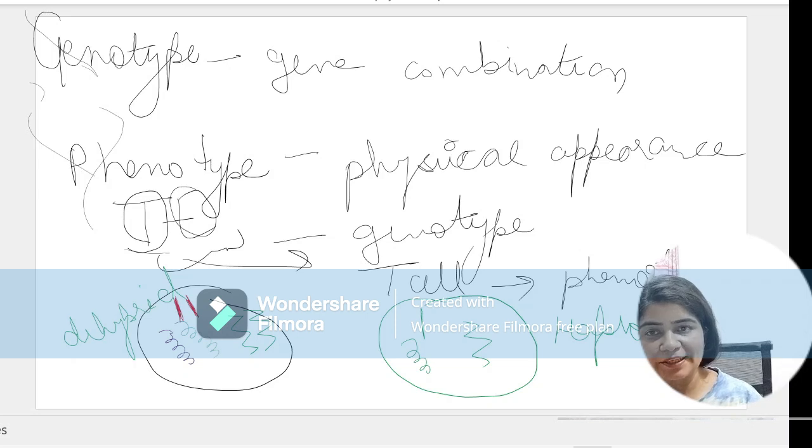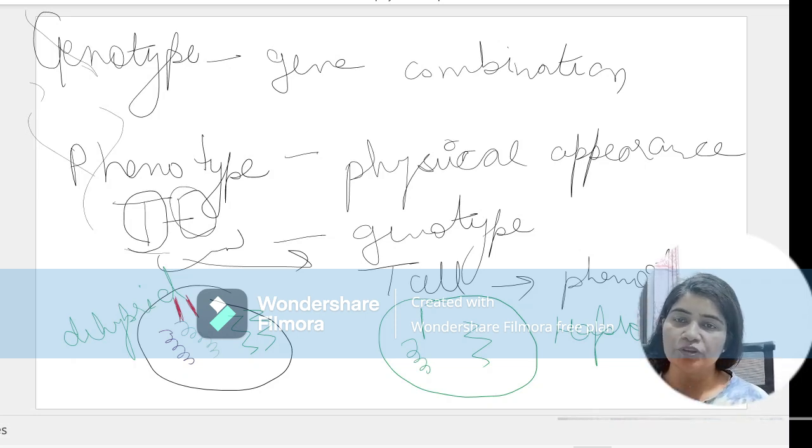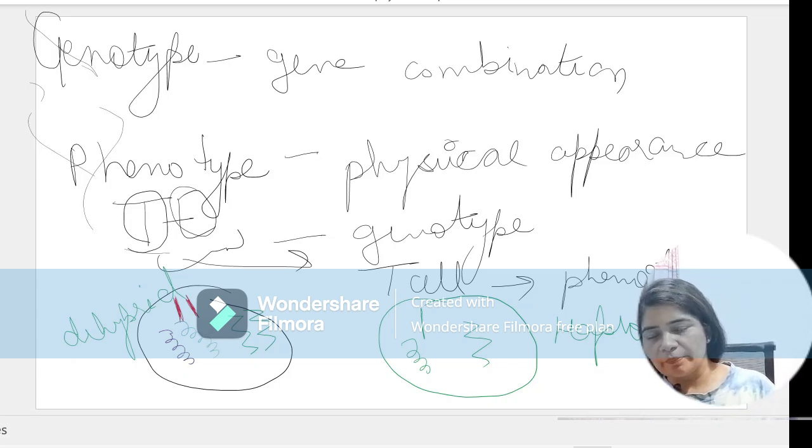All the sex cells, gametes, egg and sperm, will be haploid in nature. And all the other cells of our body will be diploid because we have one chromosome from the mother and one from the father.